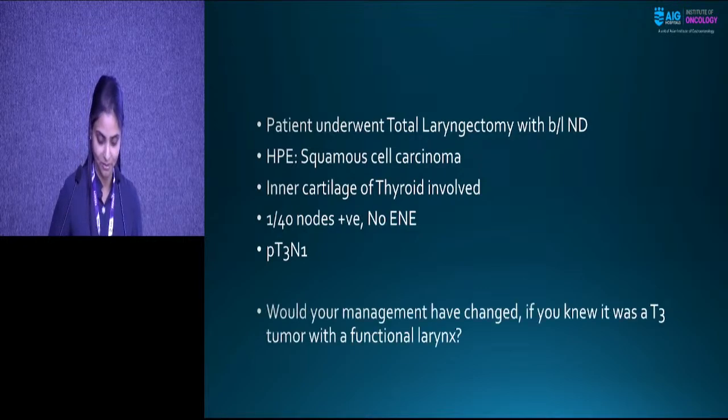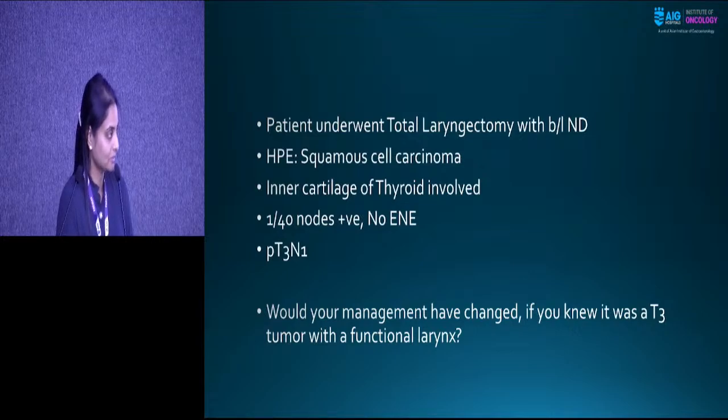So again, Dr. Hemant, would your management have changed if you knew it was a T3 tumor with a functional larynx? In this patient, no. If it had been a supraglottic tumor with very proliferative growth, and there was a doubt on function, whether the aspiration is because of the volume of the tumor, then maybe I would have gone with the NACT arm.